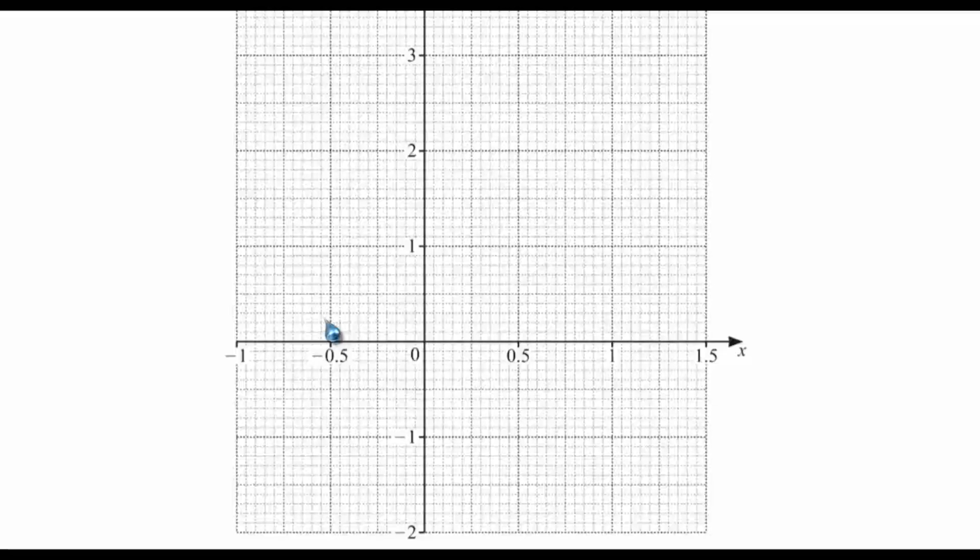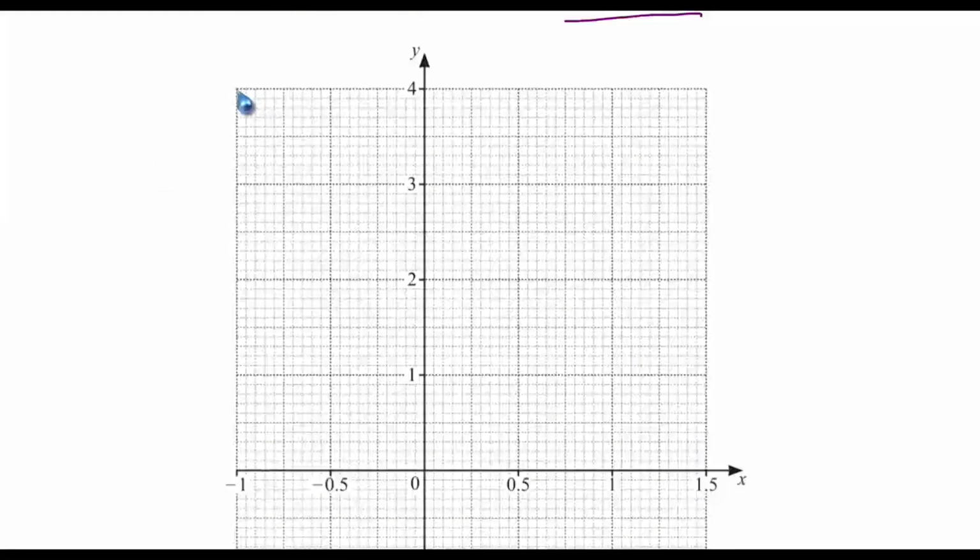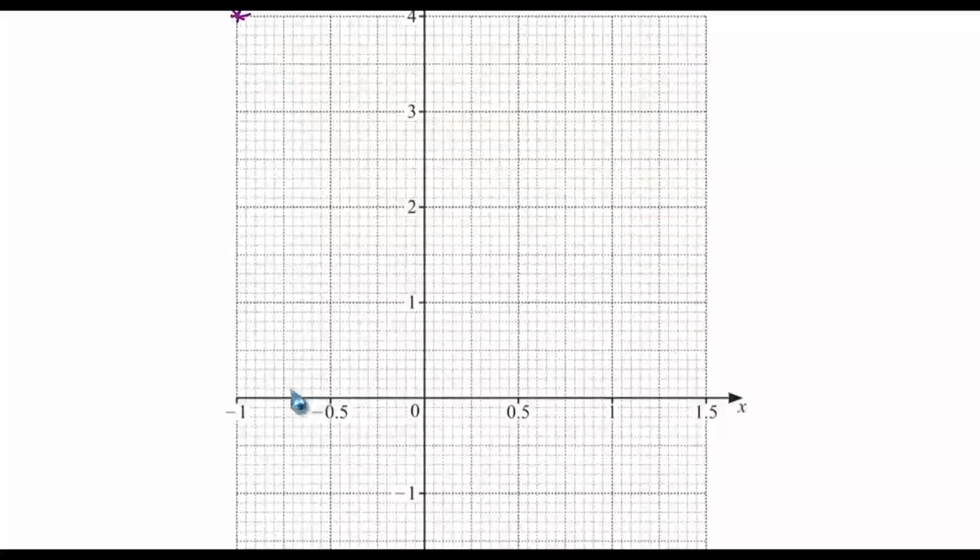Okay, so we have when x equals minus 1, the value of y is equal to 4. So you come up here, you have a point up here. And when x equals negative 0.5, here the value of y is 0.75. That can be taken as 0.8.